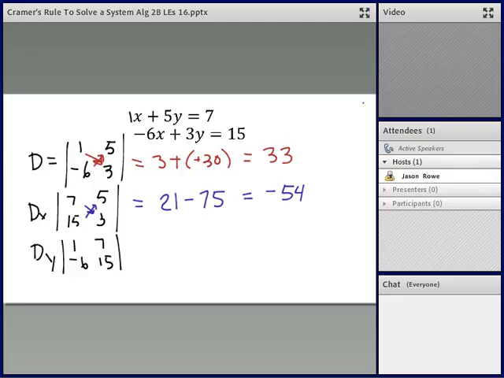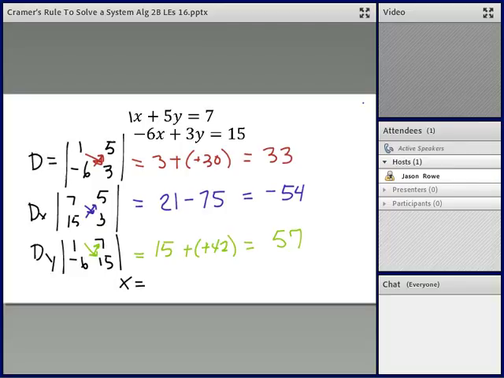And then finally, we've got 15 minus -42. We're going to use our keep change rule there. We're going to get +57. And then we're going to find our x and our y.